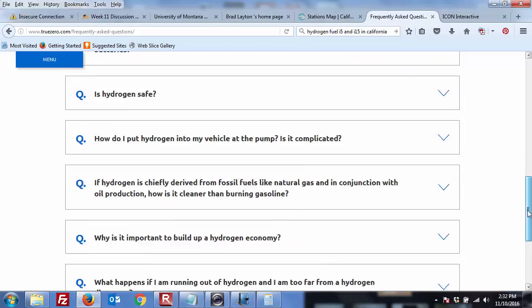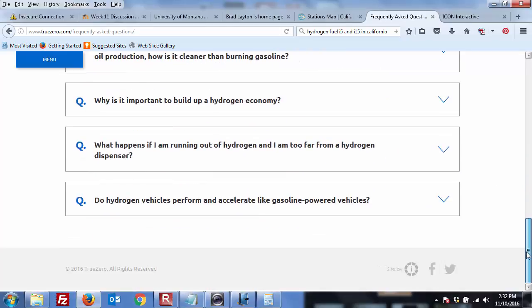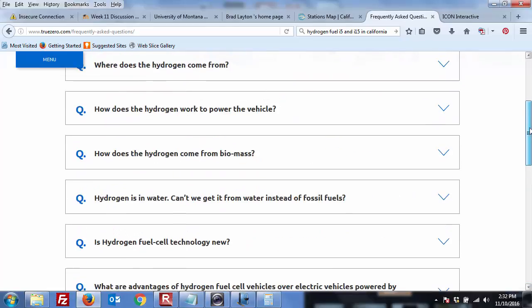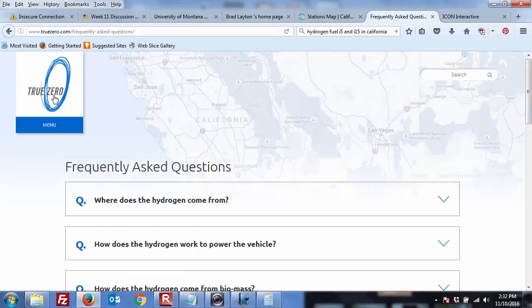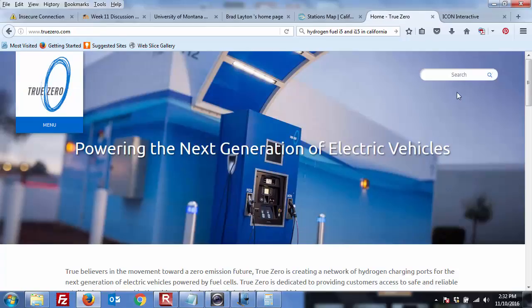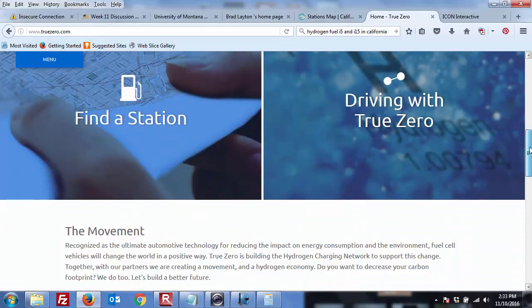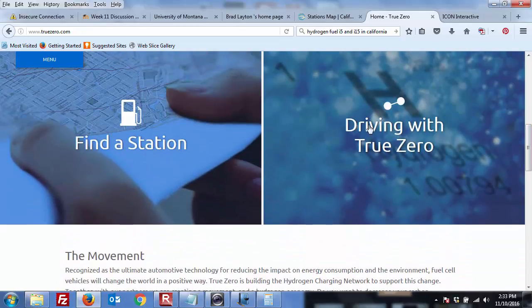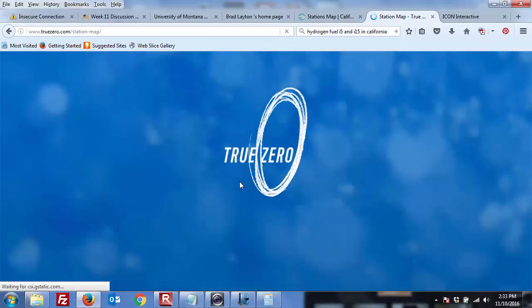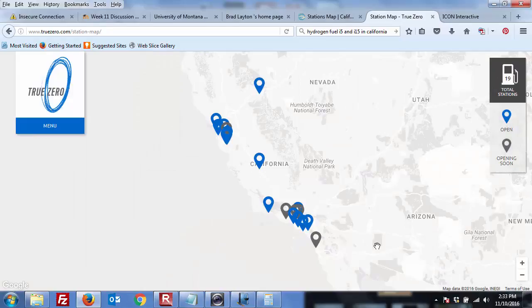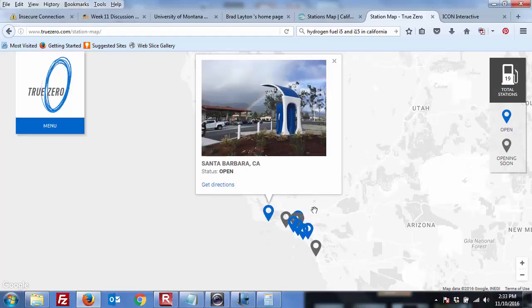Okay. Why these guys don't have a better contact. We'll just do it through a station. Santa Barbara. Good directions.